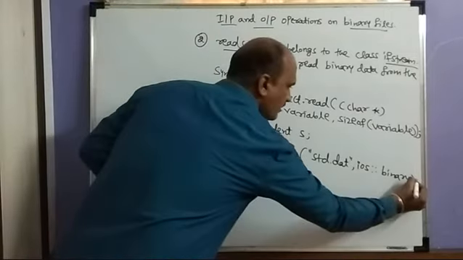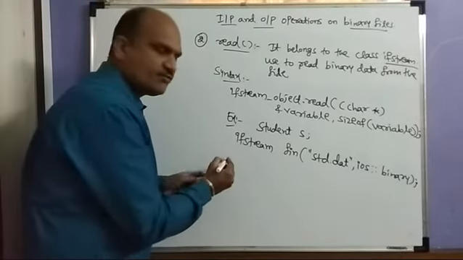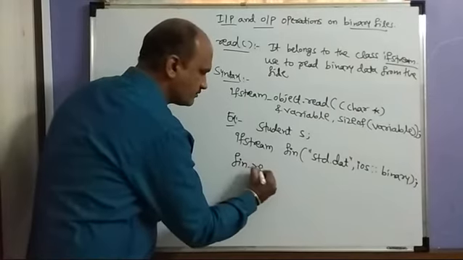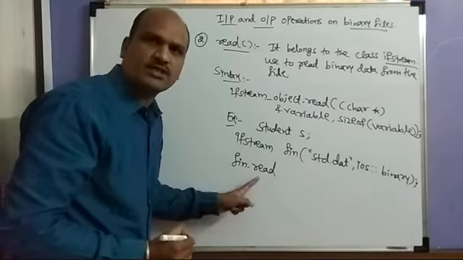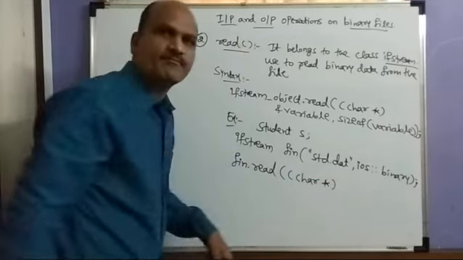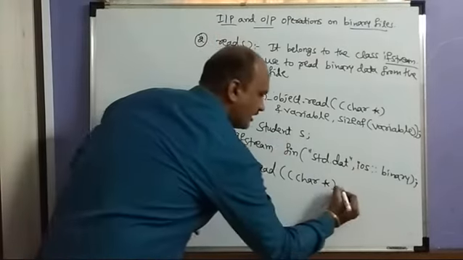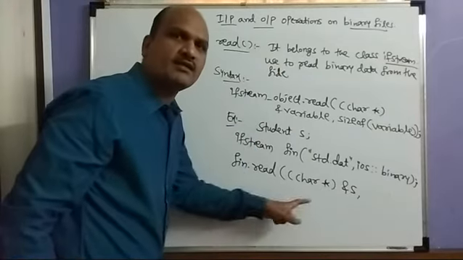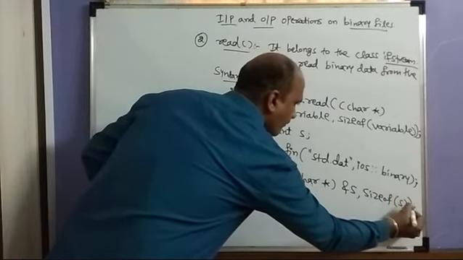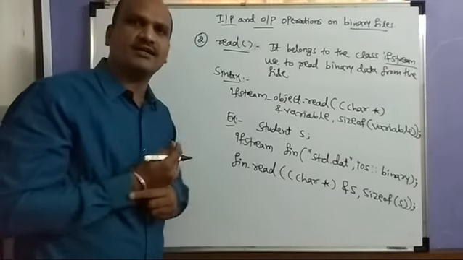Then the next line, fin dot read, the read function, then the character, and the address of S and the size of S. Same as there we were writing, here we are reading the file.